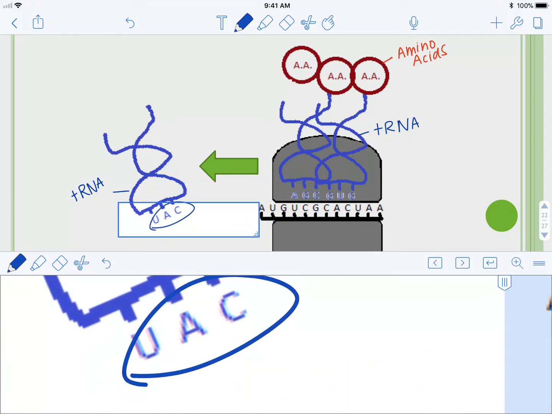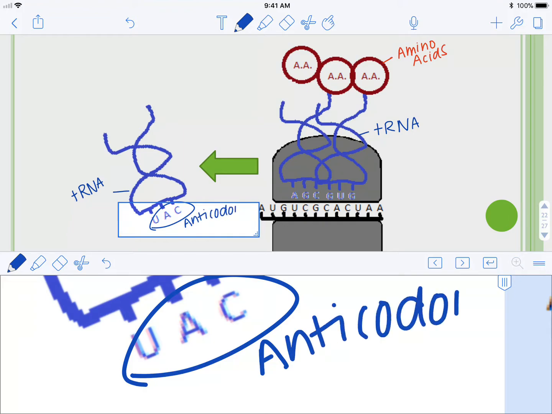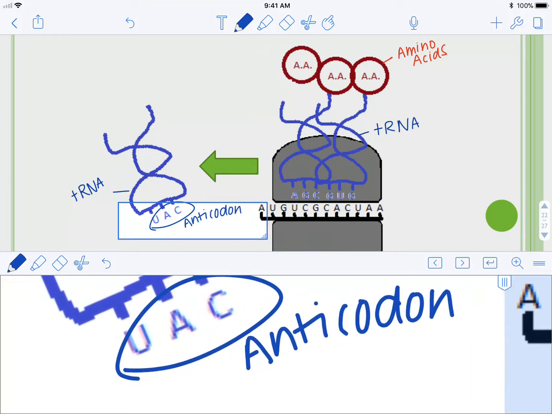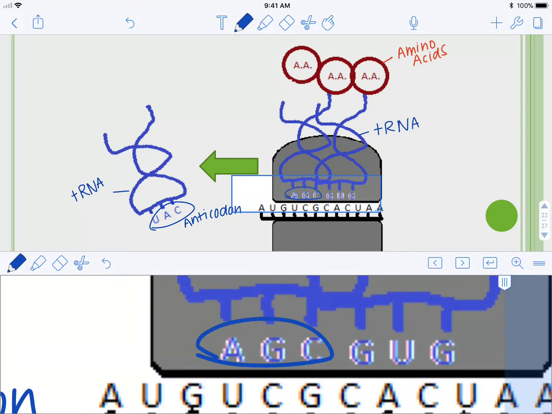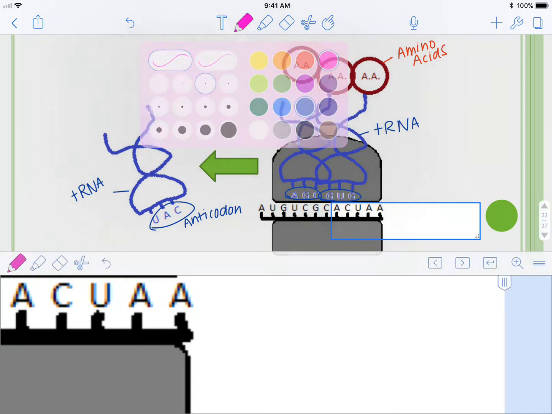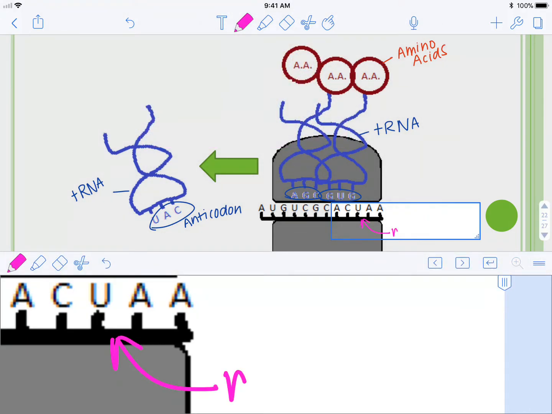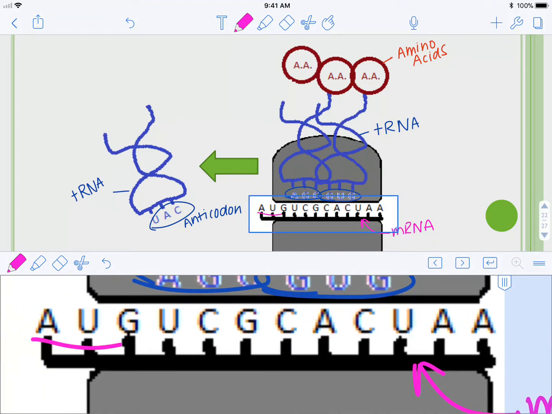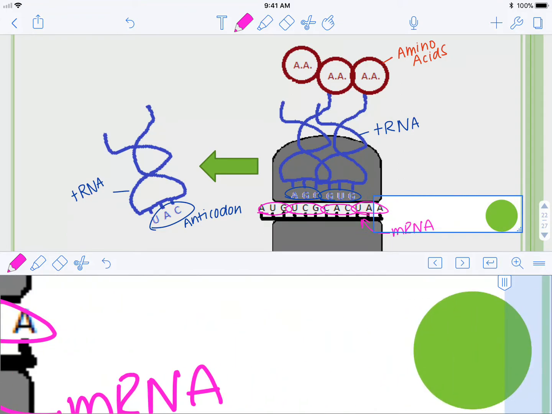We have our anticodon, as well as anticodons over here and over here. This would be my mRNA still. And we would have had codon 1, codon 2, codon 3. This would be our fourth codon there. These are my codons.